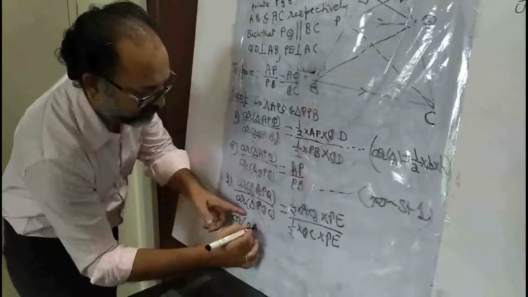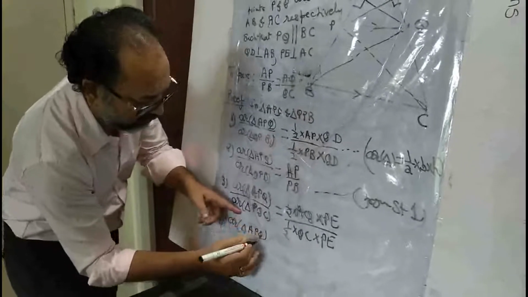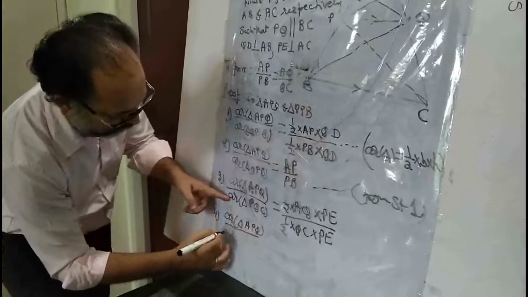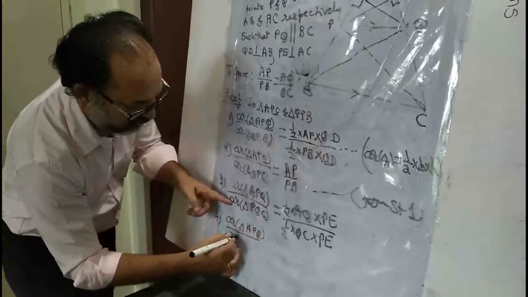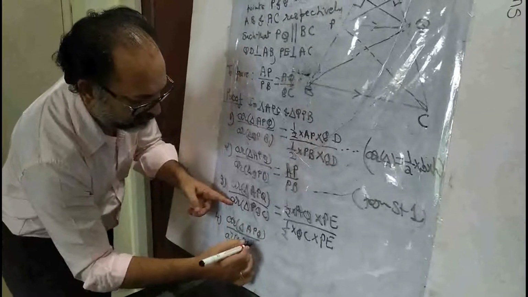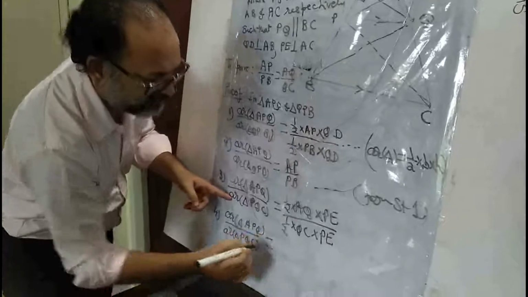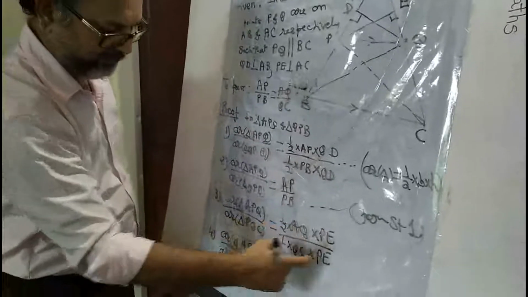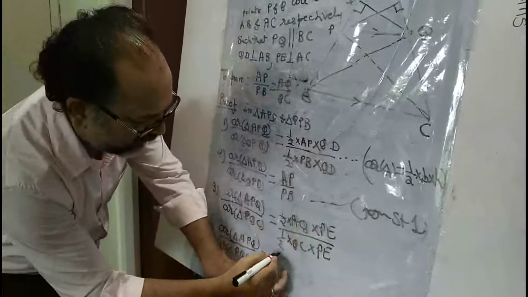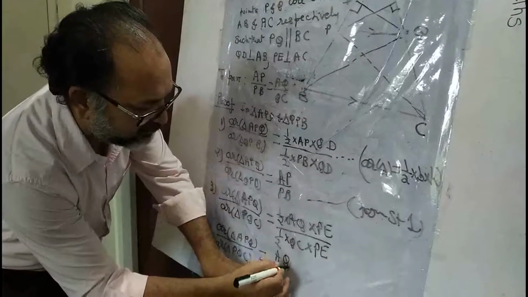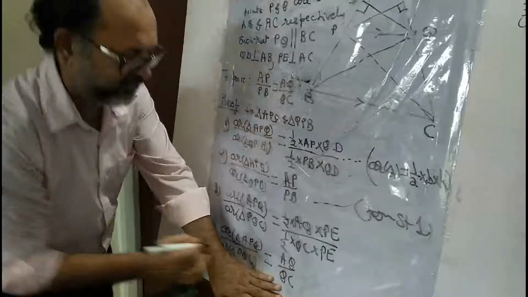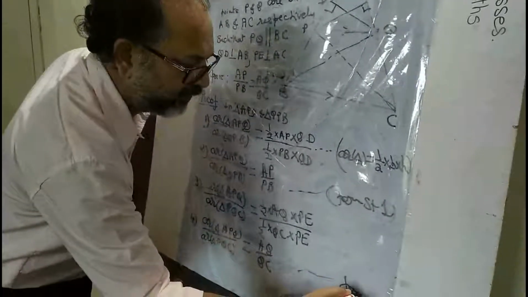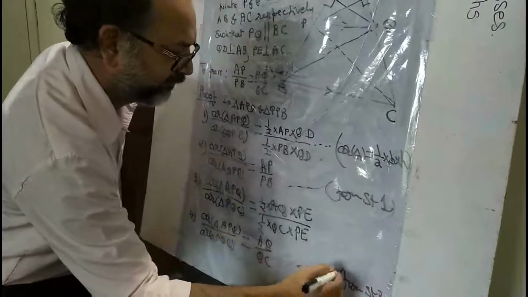I am tempted to go for shortcuts, but no. I want you to write all these things again so that it becomes easy for you also to remember the proof. Half cancels, PE cancels. So what's left is AQ upon QC from step 3.